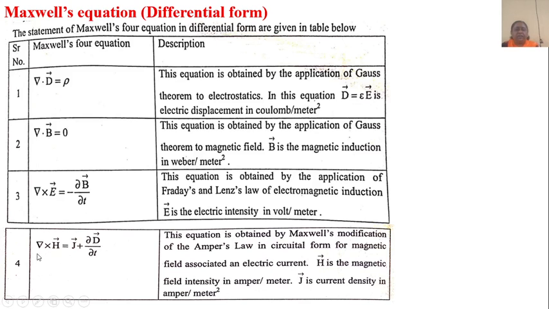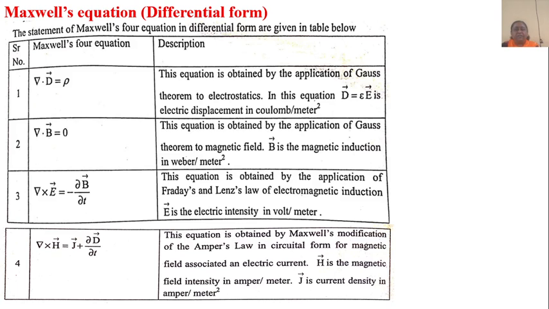Now next equation, that is del cross H equal to J plus delta D by delta T. This equation is obtained by Maxwell modification of the Ampere's law in circular form for magnetic field associated with an electric current.